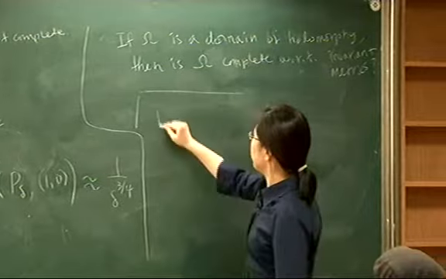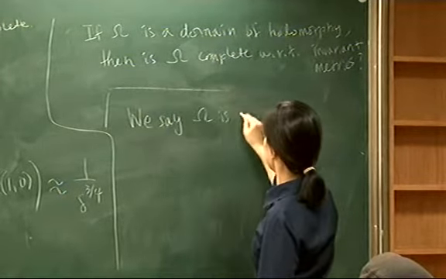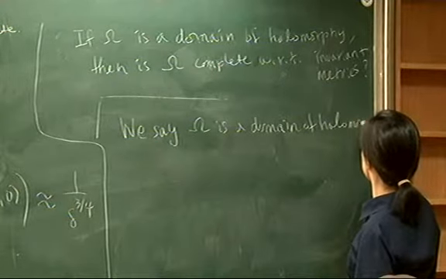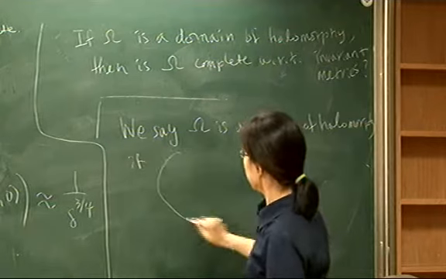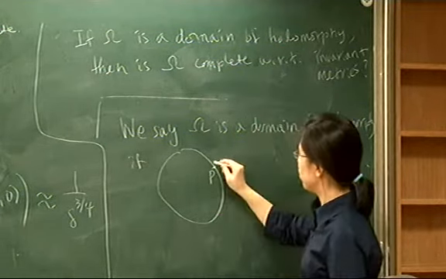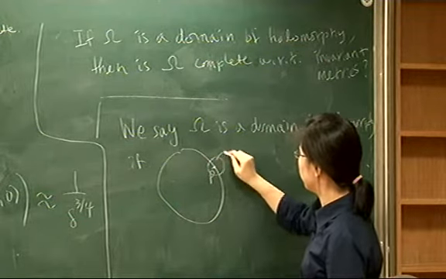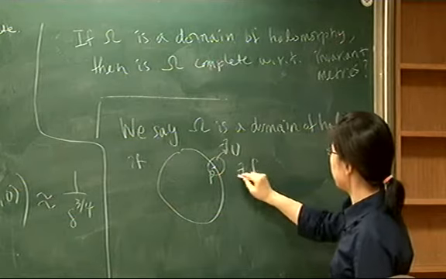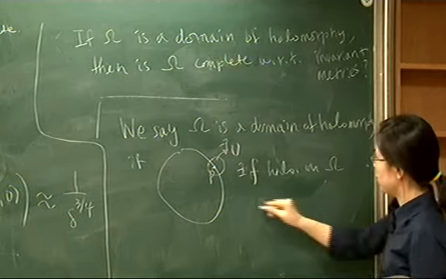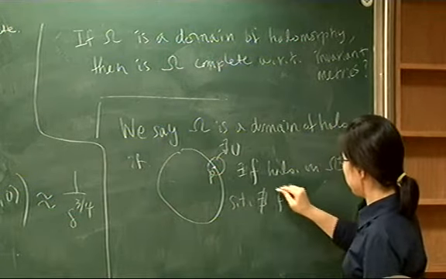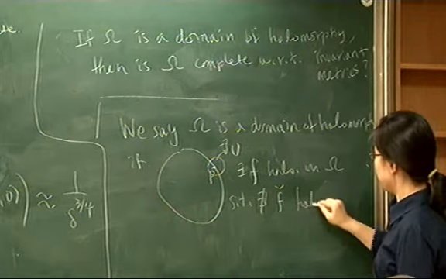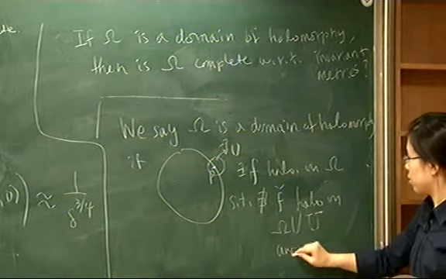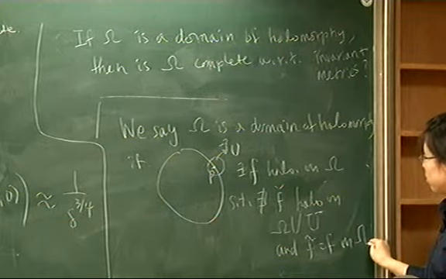So what is a domain of holomorphy? We say omega is a domain of holomorphy if at each boundary point, you can find a small neighborhood U and some function F holomorphic on omega, such that there does not exist an extension of F, holomorphic on omega union U and equal to F on omega.